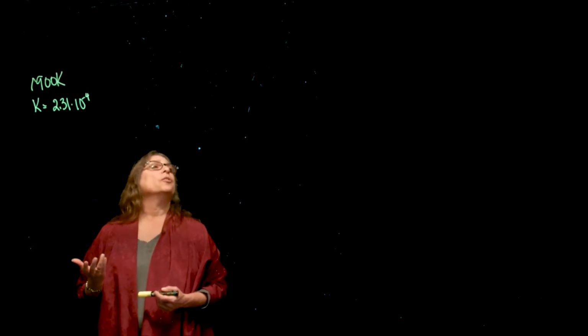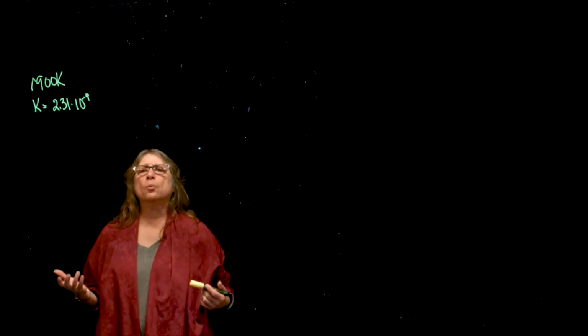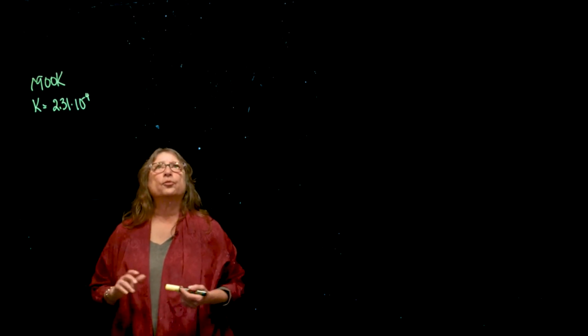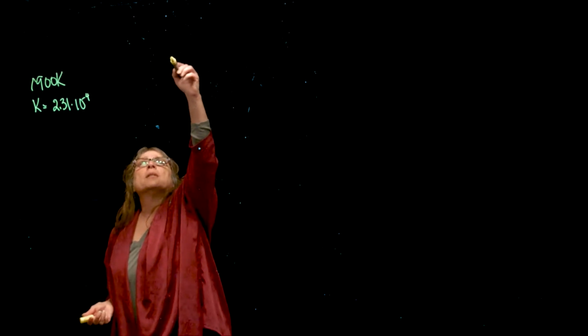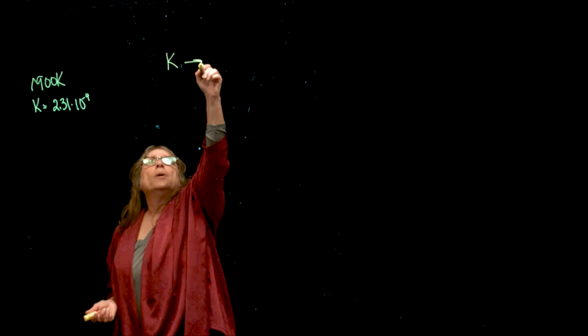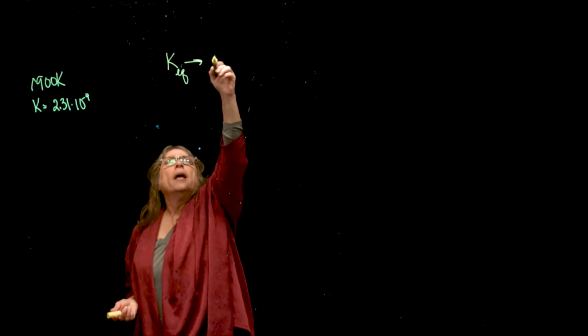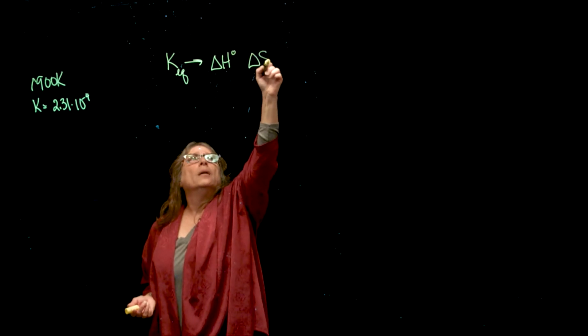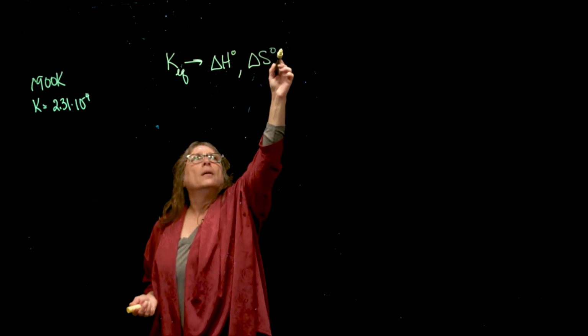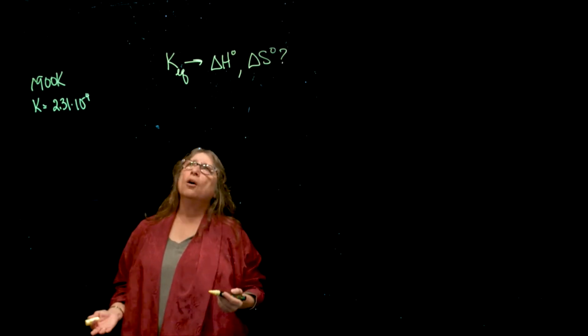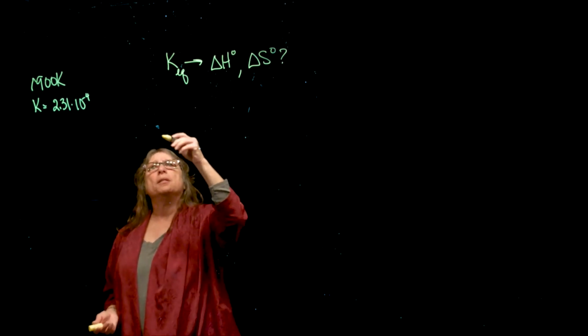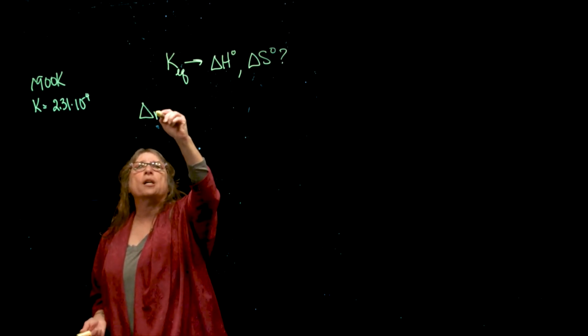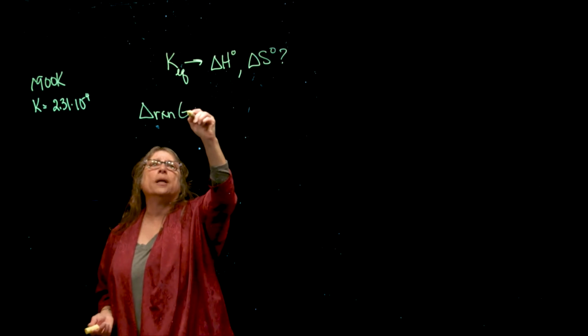So the first thing we have to figure out is how in the world from equilibrium constant can we get enthalpy and entropy? Well, we know that the equilibrium constant is related to the Gibbs energy of reaction, so let's start there and see what happens.